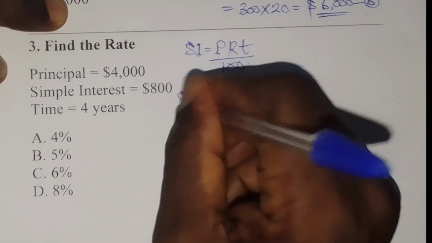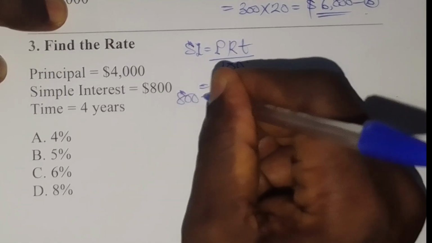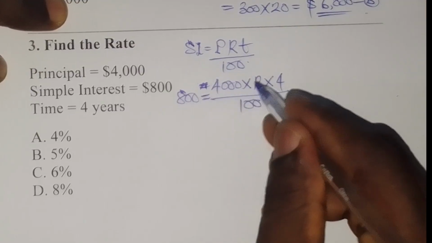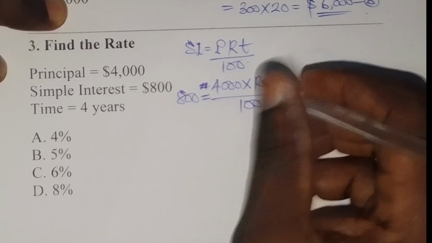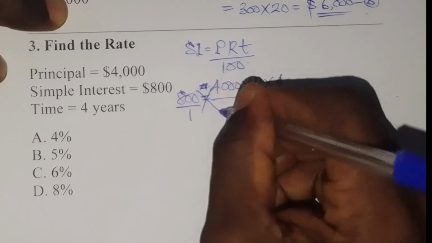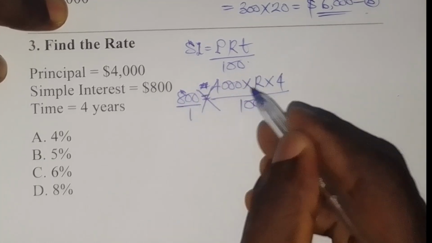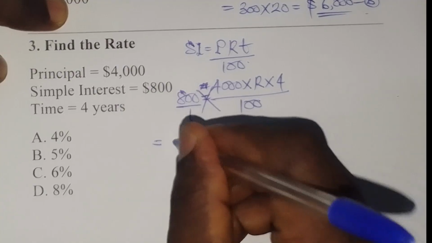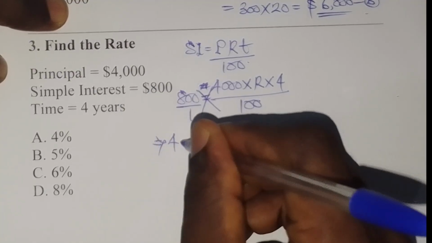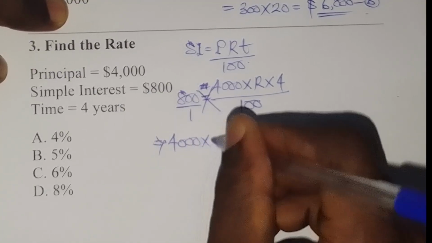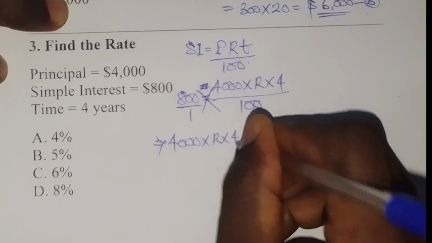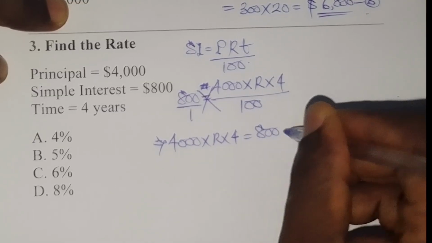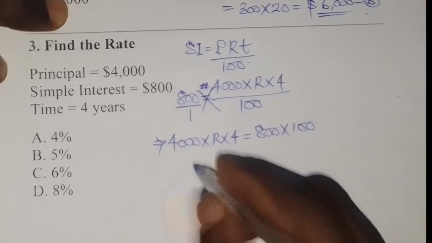Mind you, 800 is equal to that. So to bring this unknown R to the left hand side, we cross multiply. So 800 times 100, and the whole of this multiplied by 1. So what do we have? We have 4,000 times R times 4 is equal to 800 times 100.